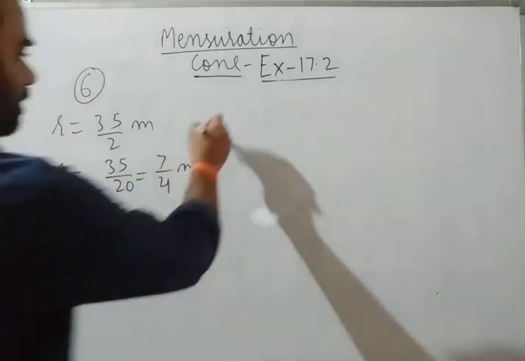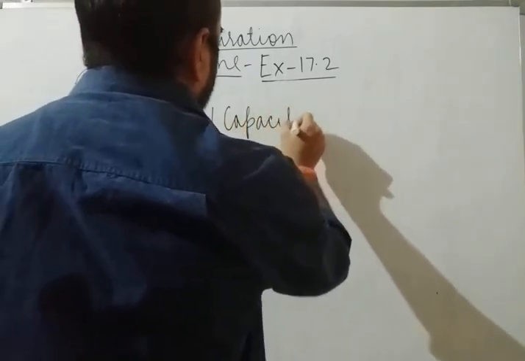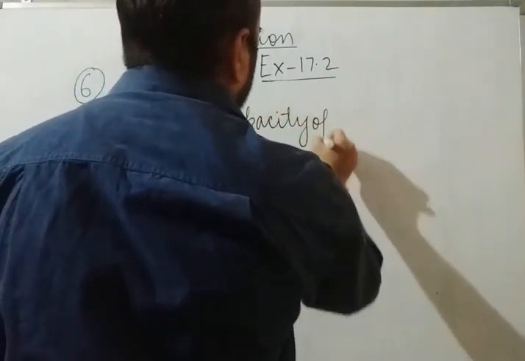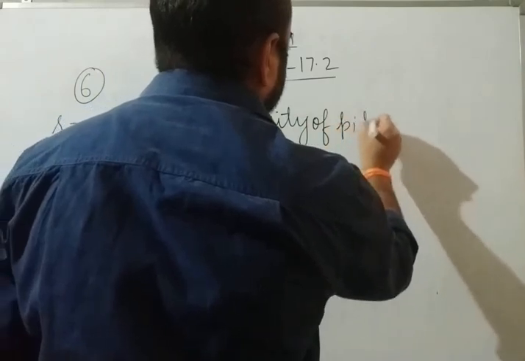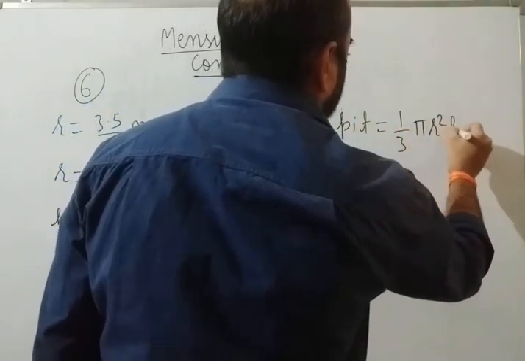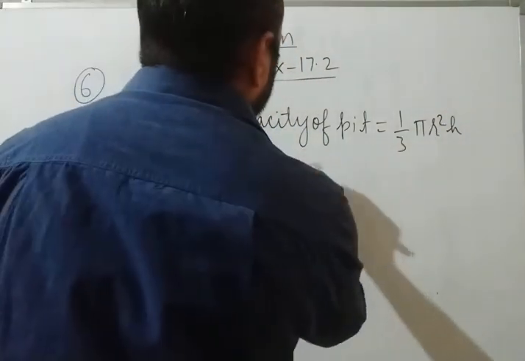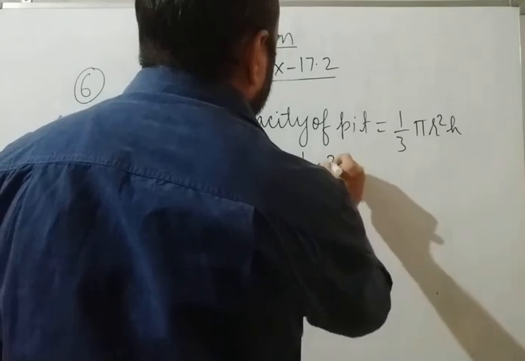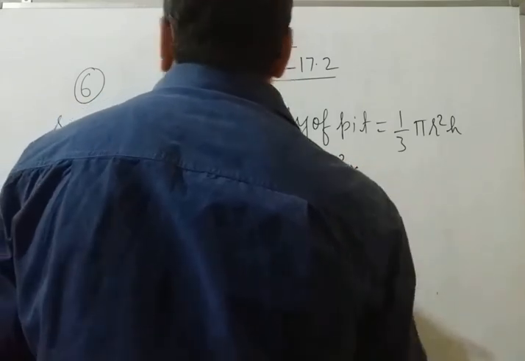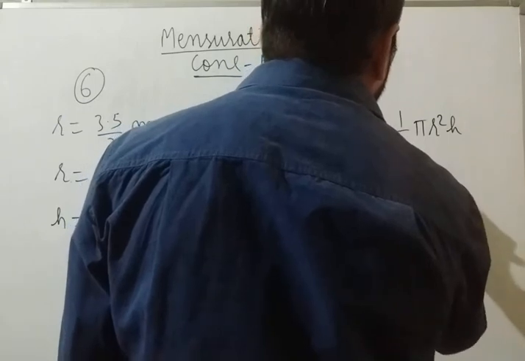So first, capacity formula will be same. Capacity of pit, formula is 1 upon 3 pi r square h. Correct? Formula will be same. This will be 1 by 3, pi is 22 by 7. R square means 7 by 4 into 7 by 4.